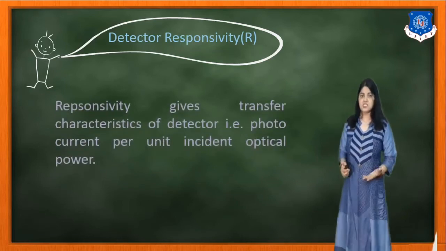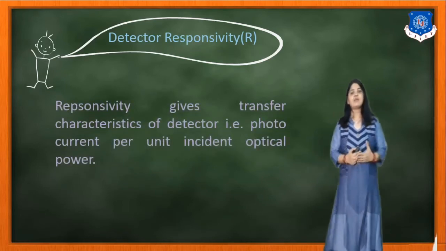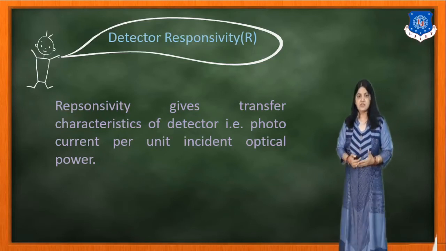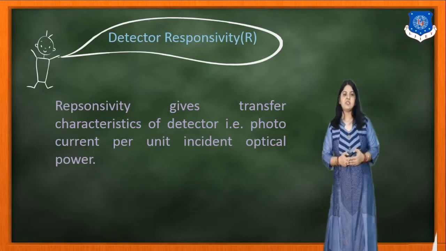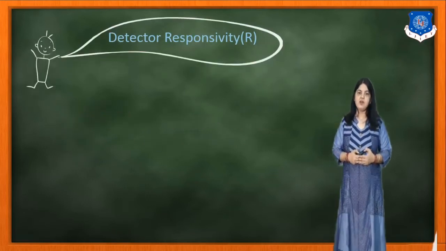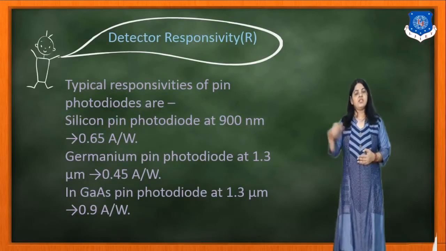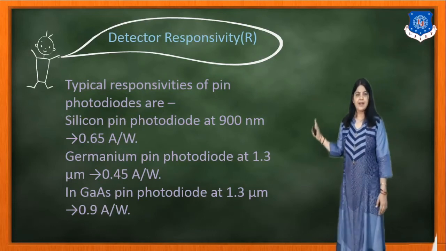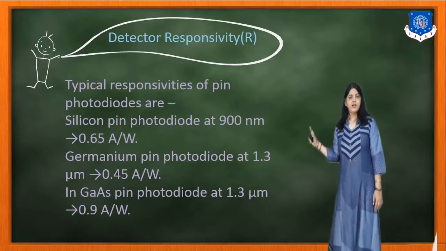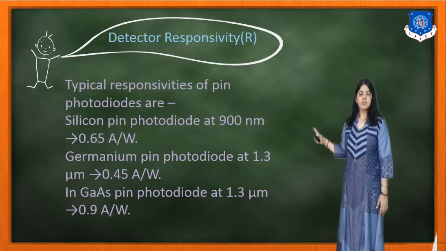This responsivity also gives the transfer characteristics of the detector, that is, the photocurrent per unit incident optical power.